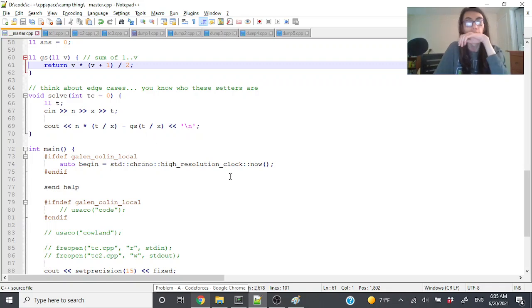Don't need this. N times t over x minus gs t over x, right? So if t over x is 0, then each person will see nobody, because everyone will finish the contest before them. If t over x is 1, the people that will be seen are, for example, 2, and then 3, and then 4, up to n.